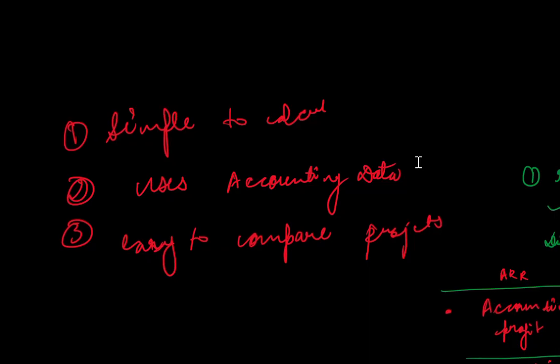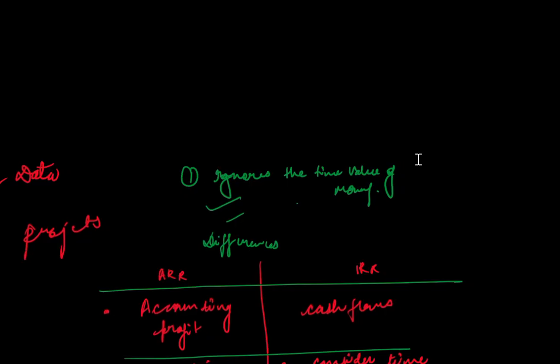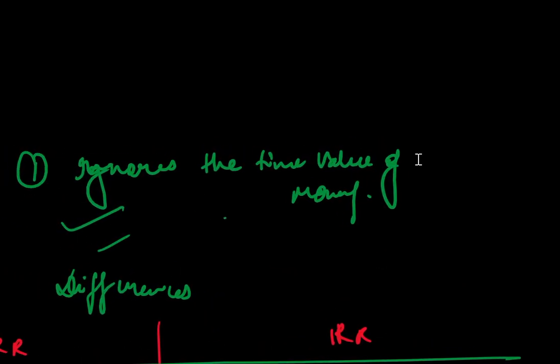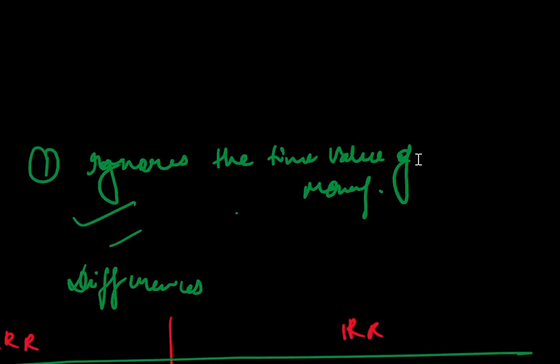Now, let's talk about the limitations. Okay. So first of all, it ignores the time value of money. So this one is one of the biggest drawbacks of the ARR method because it treats profit earned today and profit earned after several years as equal. Okay, so it is ignoring the time value of money. Next, it uses accounting profit instead of cash flows.